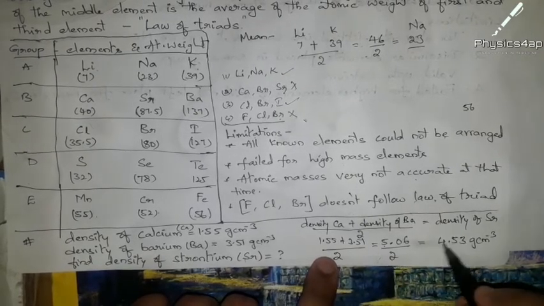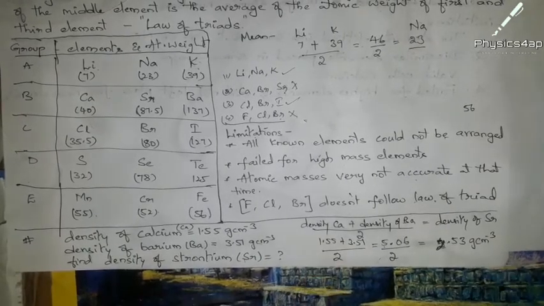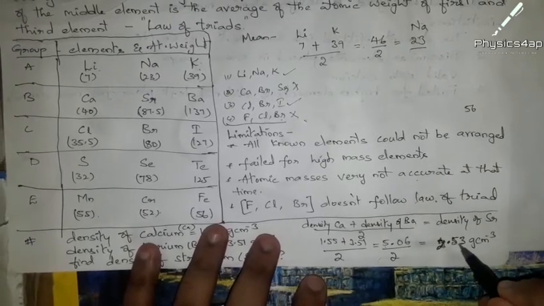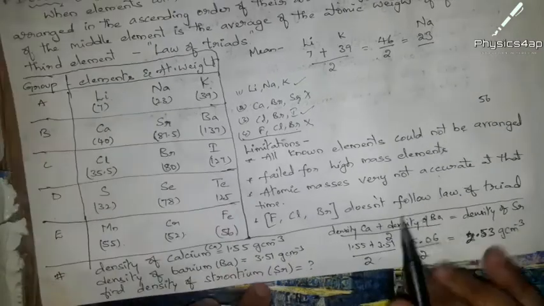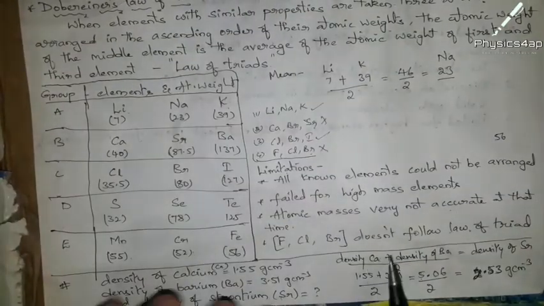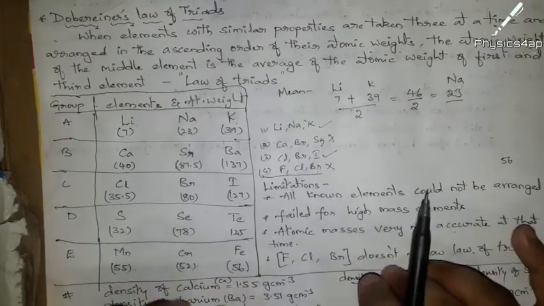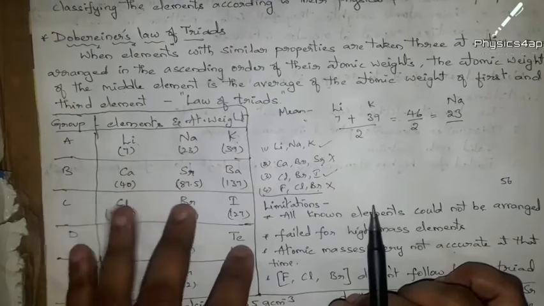Five, sorry, 2.53 gram per centimeter cube. So this is how we can find the density of strontium by using the law of triad. This is a numerical. Whatever type of numerical it may be, if the elements follow the law of triad, then definitely you can use this method.